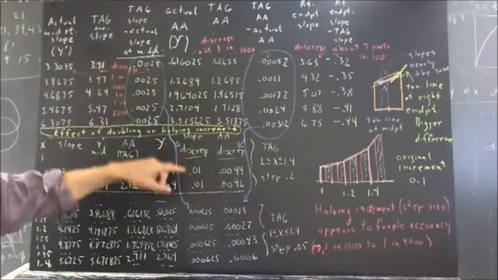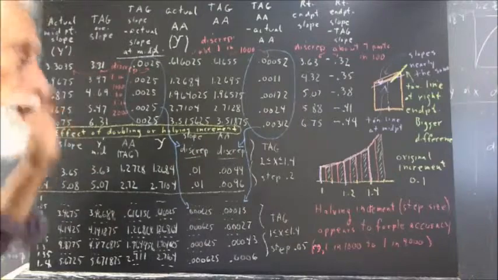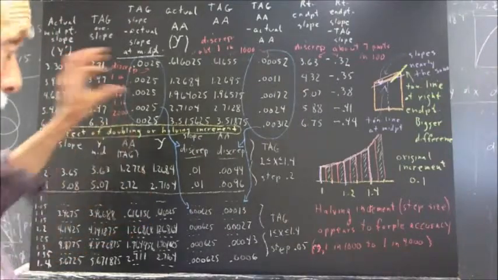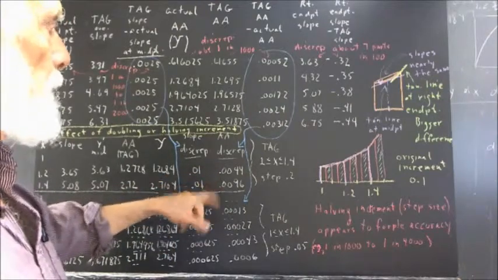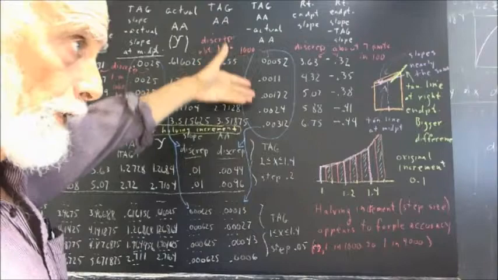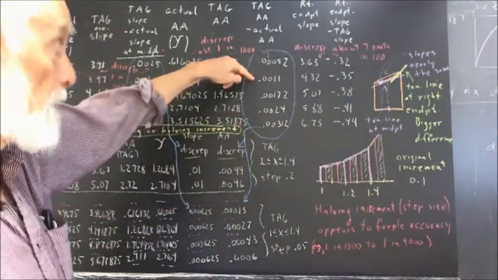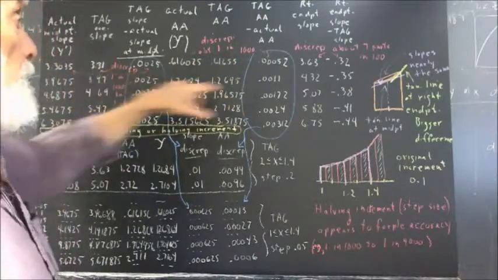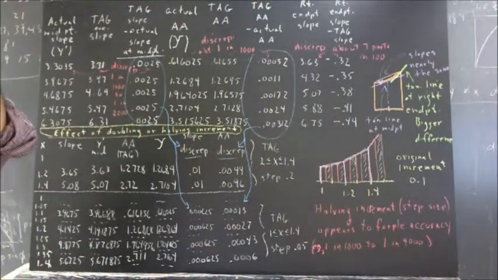And I commented, if you need to use a calculator to see that this is 4 times as big as this, you need to do some serious thinking about what you can do in your head. These numbers appear to be around or even more than 4 times as big as the corresponding numbers up here. This number is 4 times as big as this one, which is the bigger of the two numbers that would apply to this increment.